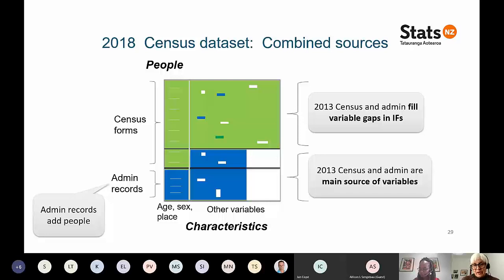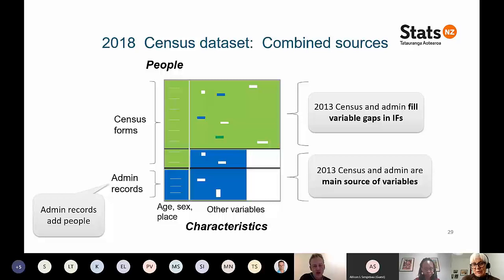For the administrative records and the household listing, the only information we have for the variables is from the administrative data, and also the previous census in 2013 is a valuable source of information for some variables. I think I might just stop there if there's any questions about how we did that.